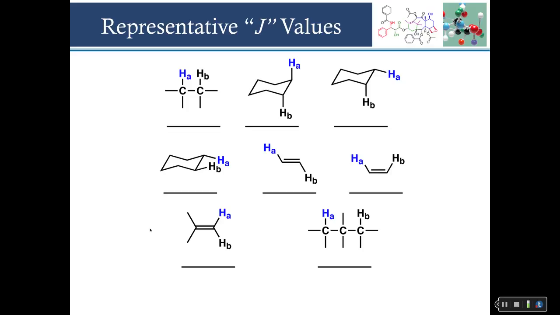And not all coupling is quite equal. We're not going to get into the hows and whys of coupling, but coupling can be diagnostic, although it is kind of the lowest of the low in terms of importance in elucidating a structure.